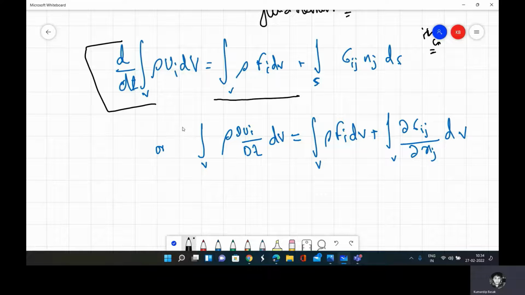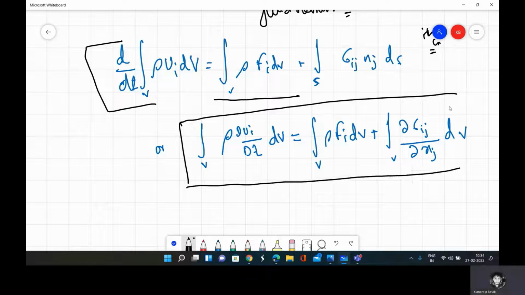Now again, I have added another mathematical formula there. This thing is a surface integral. So how to convert a surface integral to a volume integral? Again, apply the Gauss divergence theorem. That will give the divergence of that, and divergence can be written in index notation with a repeated index j here, as dou sigma ij by dou xj.